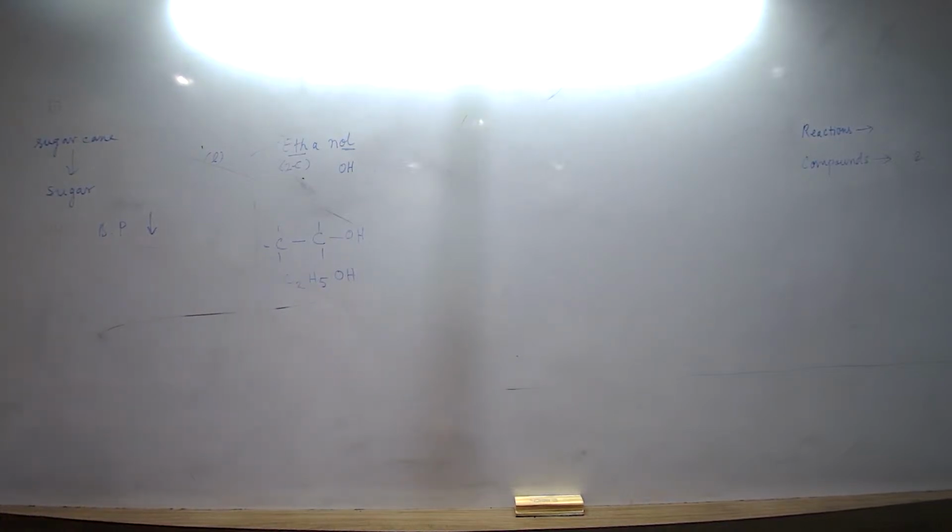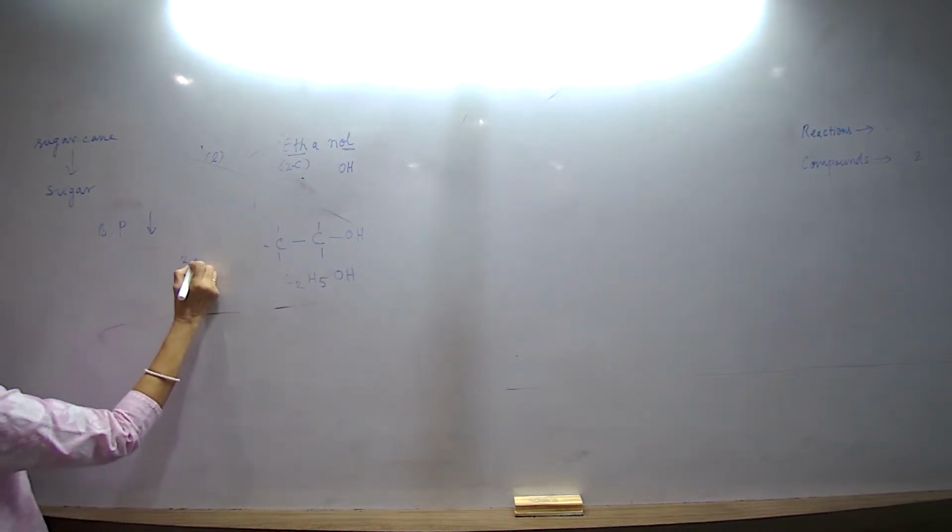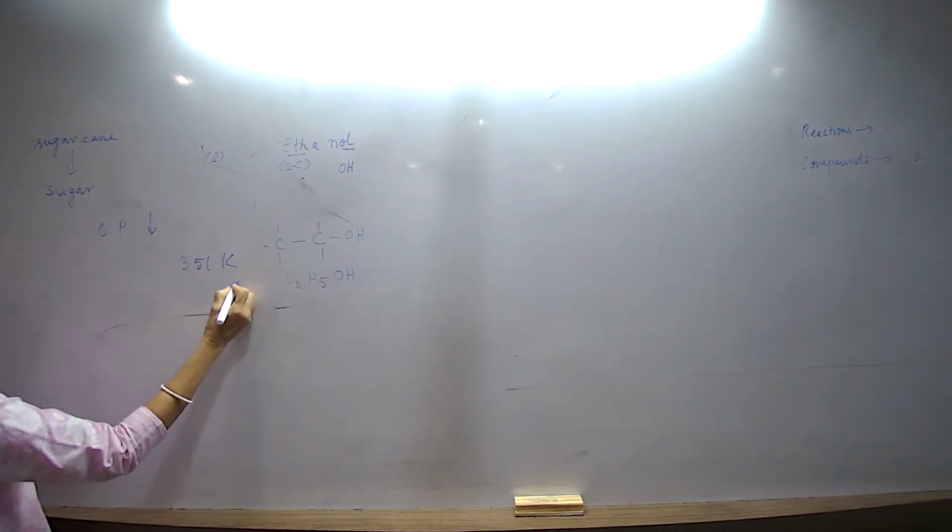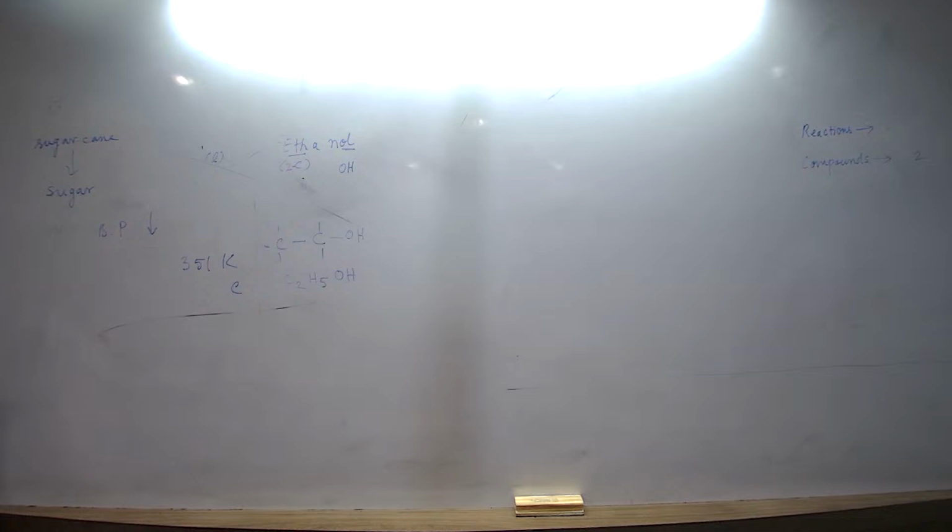Did you notice what is the boiling point? It is 351 K. Now I want you to tell me in Celsius. 351 minus 273 is 78. Do that.